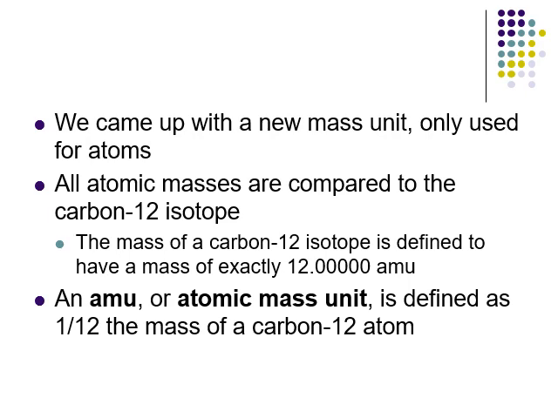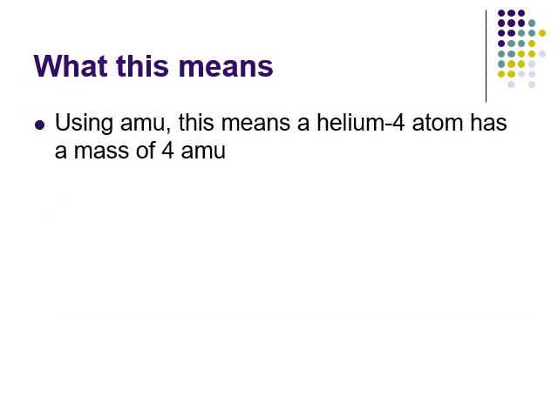Now, this piece here is just some behind-the-scenes trickery. So we say carbon 12 has a mass of 12. So the atomic mass unit, or the mass in AMU, is simply just the mass of the atom. It's the mass number.